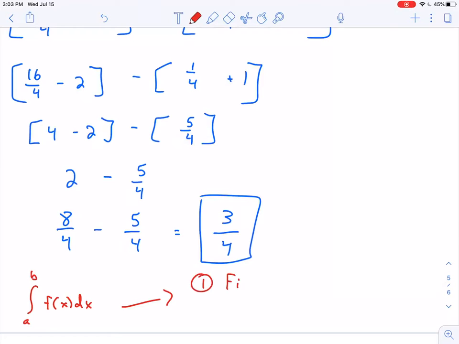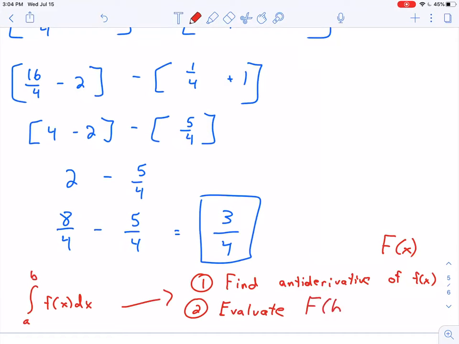First, find the antiderivative of f of x. So first you need to find that which we'll call capital F of x. That's our antiderivative. Second, we need to evaluate capital F of b minus capital F of a.